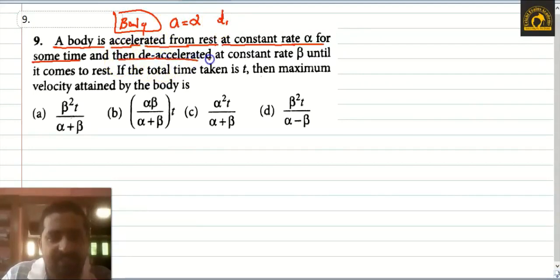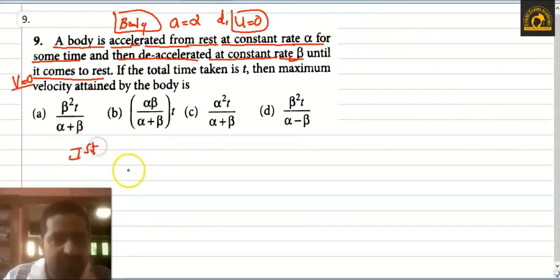Then it is decelerated at a constant rate beta until it comes to rest. Coming to rest means the final velocity is equal to 0. A body is accelerated from rest means the initial velocity u is equal to 0. So let's see the first one.